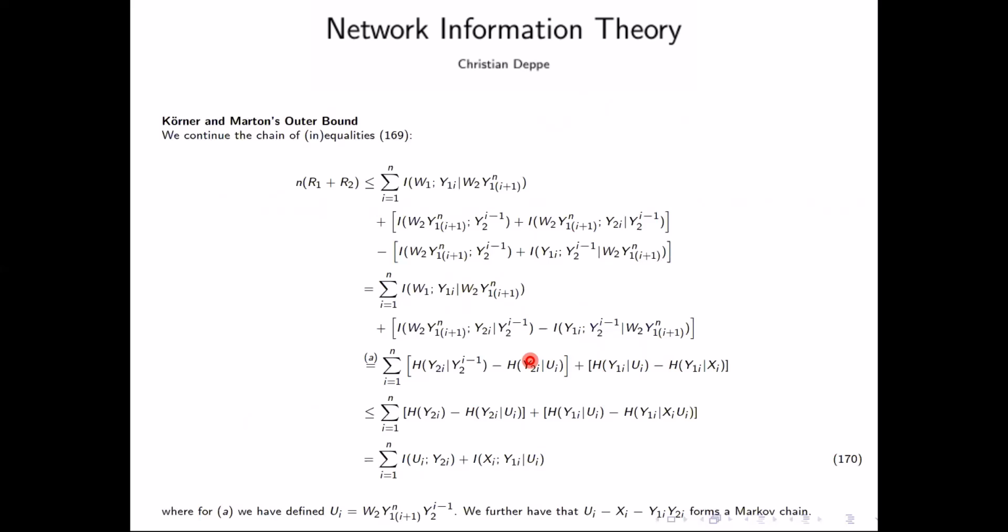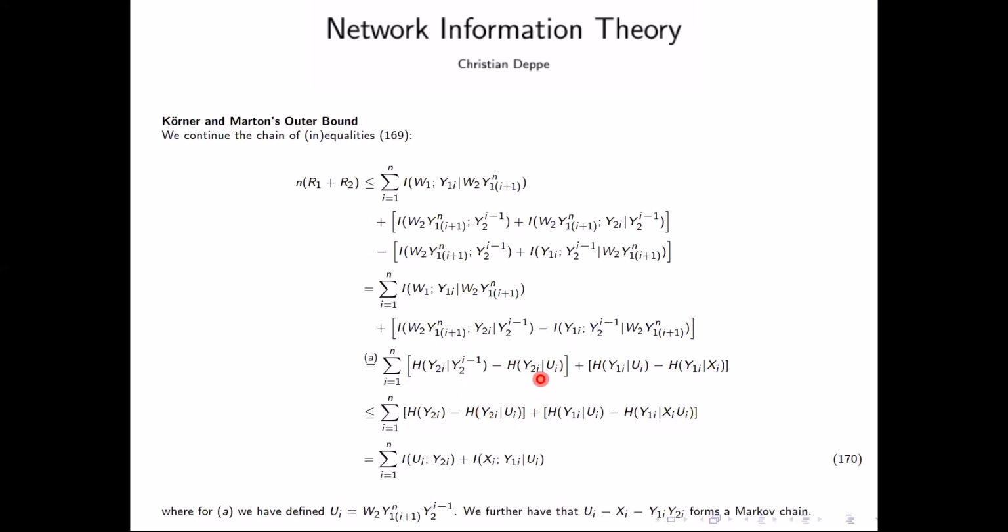So now let's continue. If we insert U_i there, then we can write this as entropies, and we get this equation here. This we can estimate by leaving out this condition. Then this can only get bigger.